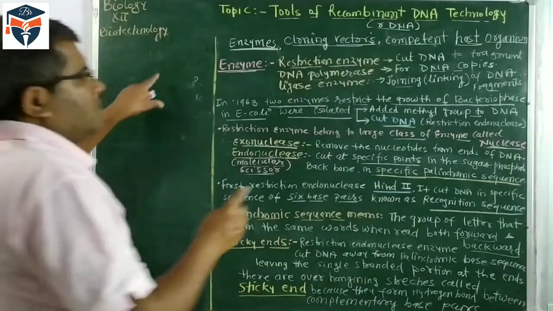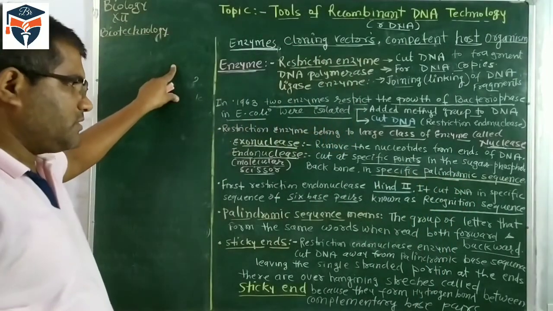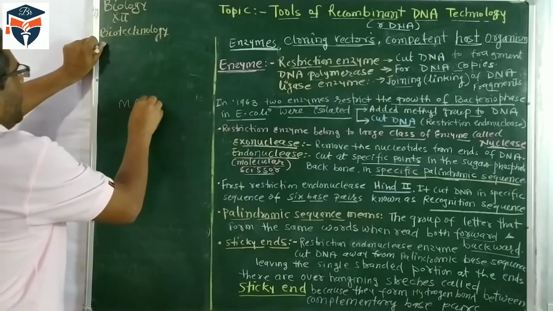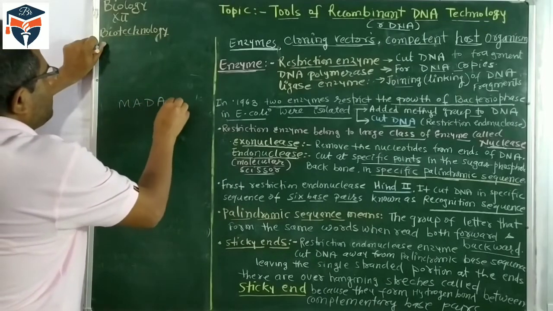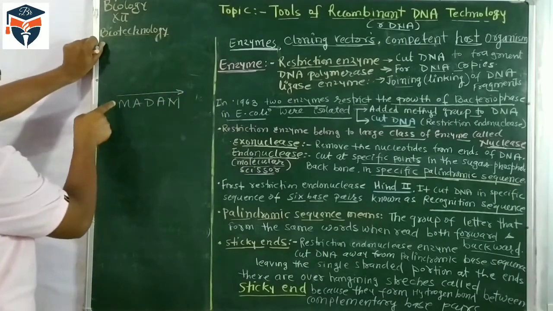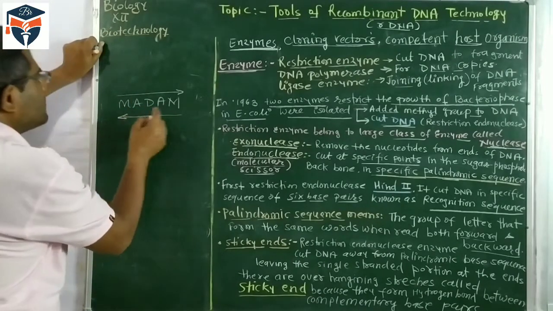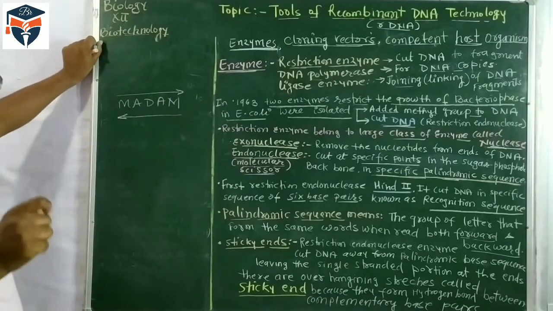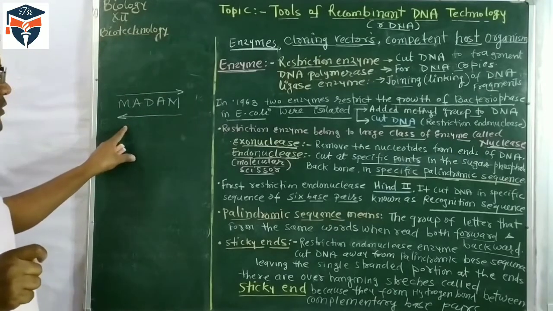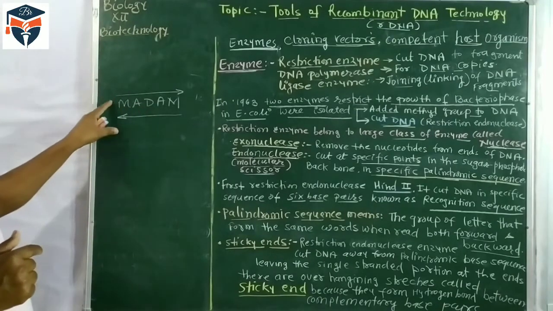So first we should understand what we mean by palindromic sequence. Students, you will normally see the word madam, M-A-D-A-M. If you read madam in this direction, M-A-D-A-M, or in the backward direction, M-A-D-A-M, whether you read forward or backward, the sequence of the letters is the same.